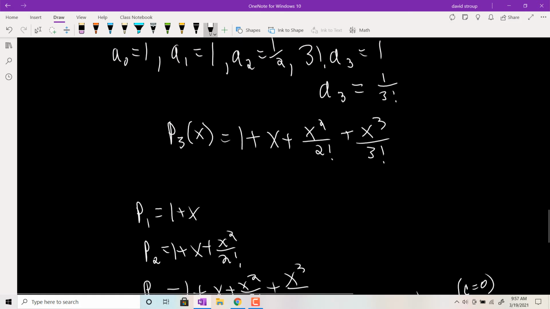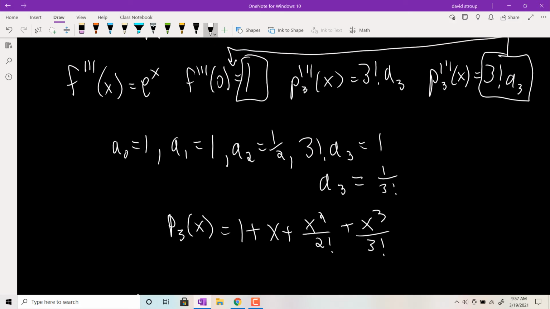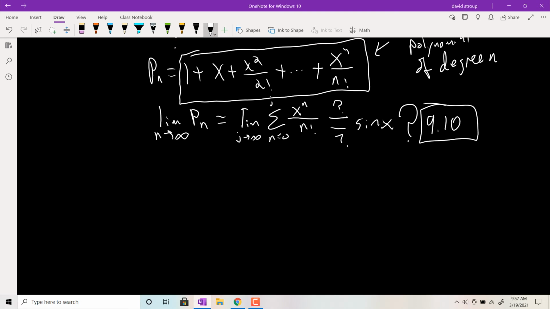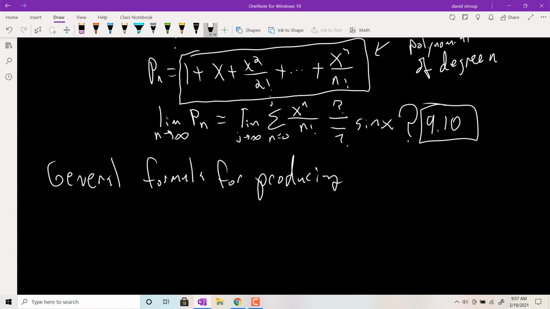Anyways, can we produce a general mechanism or a general formula for producing these polynomials given a function? So, the general formula for producing an nth degree Maclaurin polynomial.